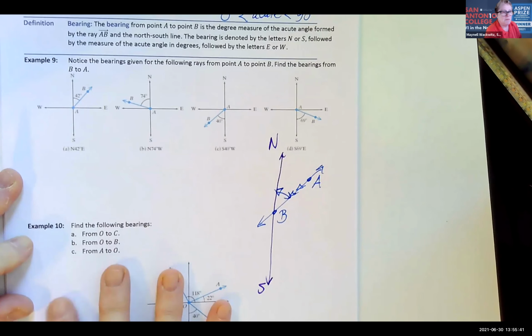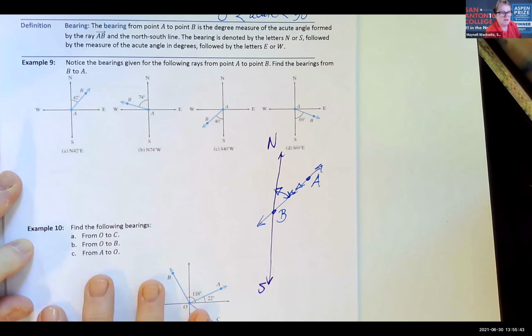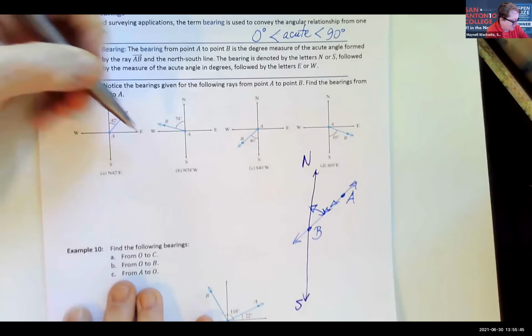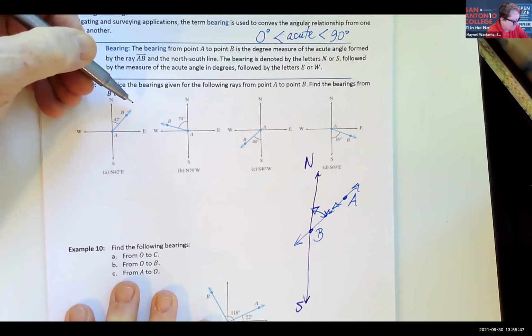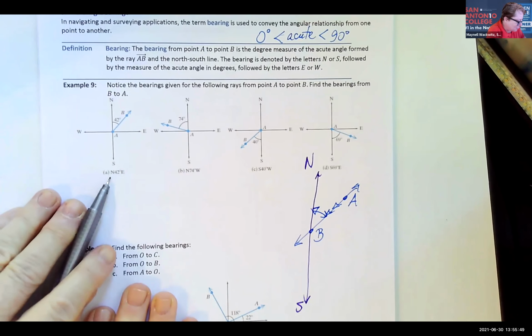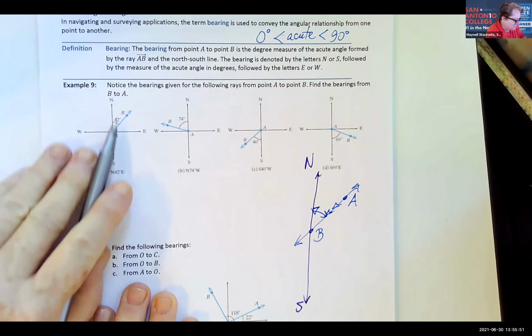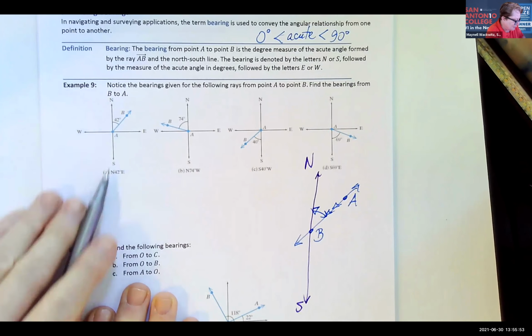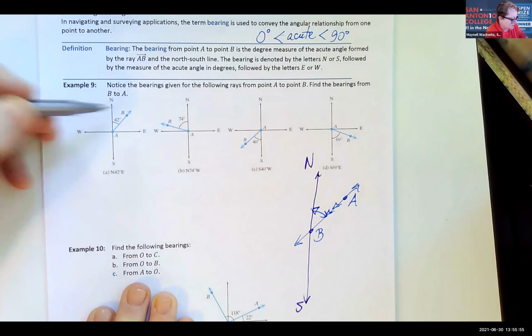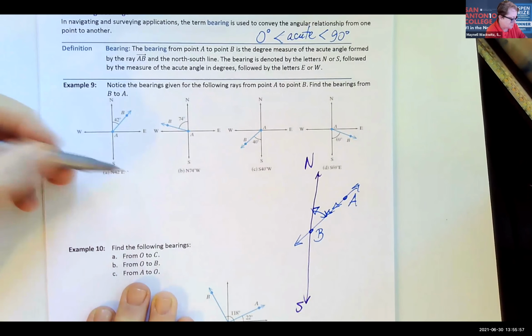So for instance, say they give us that from A to B, we have north 42 degrees, and it's on the east side of the north-south line, so it'll be east.